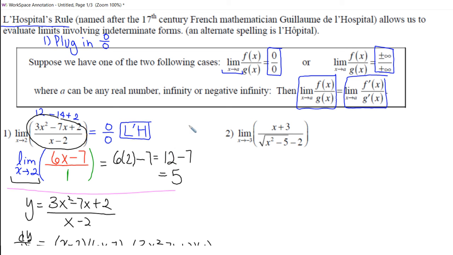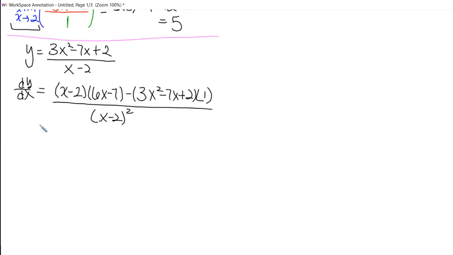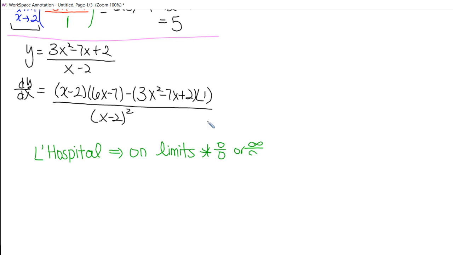All right, we're going to do the rest of the examples in a separate video, but in this video, you need to remember that L'Hopital's rule is applied on limits, if and only if you get 0 over 0 or infinity over infinity, positive or negative, it does not matter.